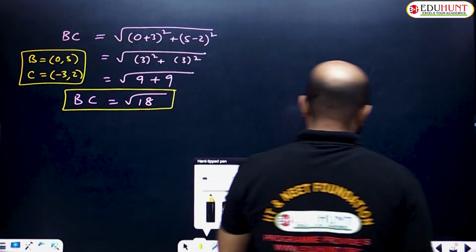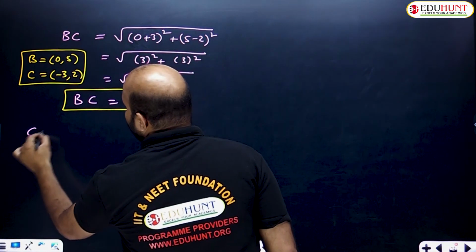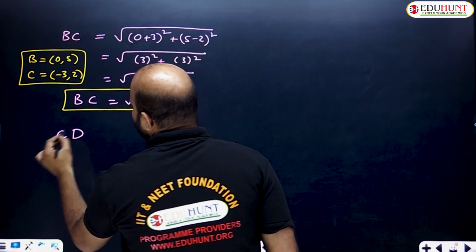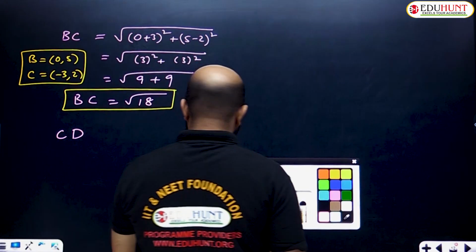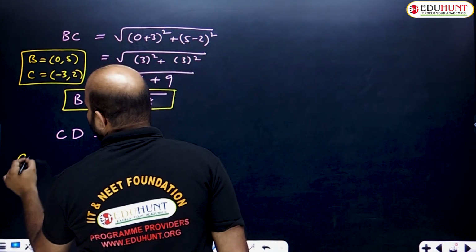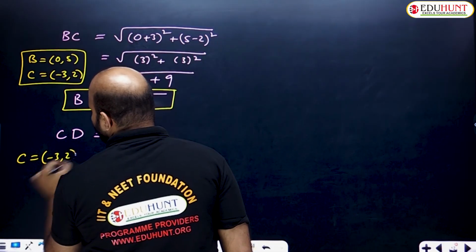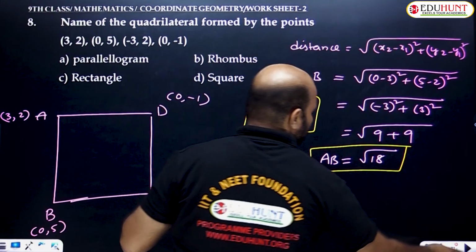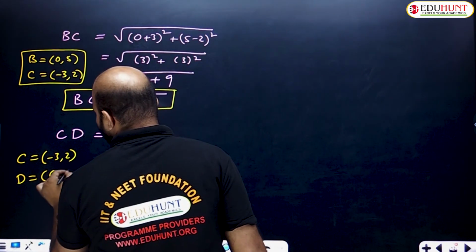Again we have to find the distance CD. So clearly we need to understand how we'll get the CD distance. C coordinates are (-3, 2) and D coordinates are (0, -1).